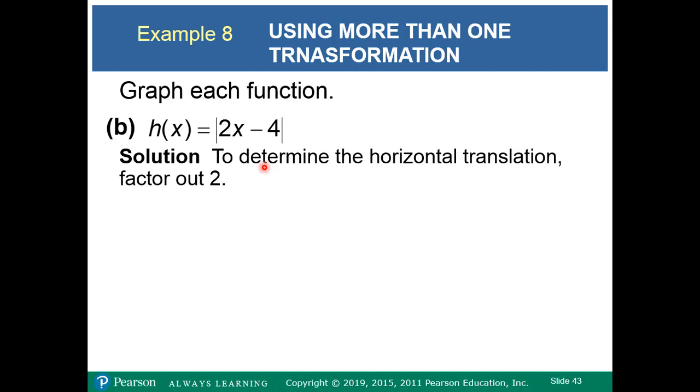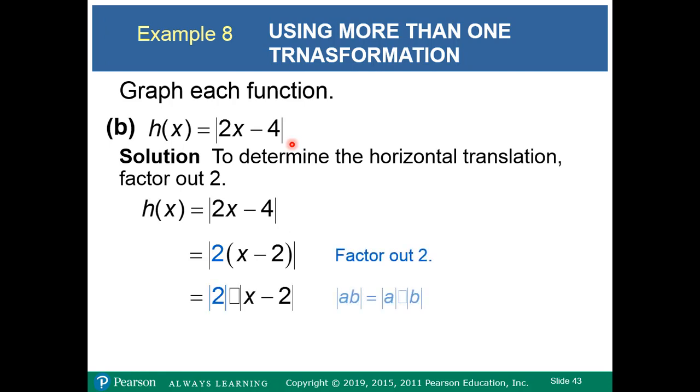We can factor out of 2 using the properties of absolute value signs, because we'll get 2 times the quantity x minus 2, all in absolute value signs, and then we can use that property and rewrite it as the absolute value of 2 times the absolute value of x minus 2. And so this just becomes 2, and we get 2 times the absolute value of x minus 2.